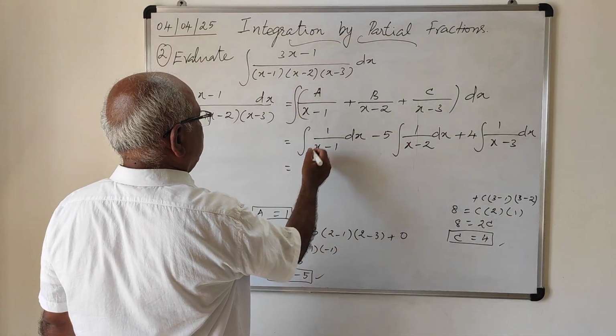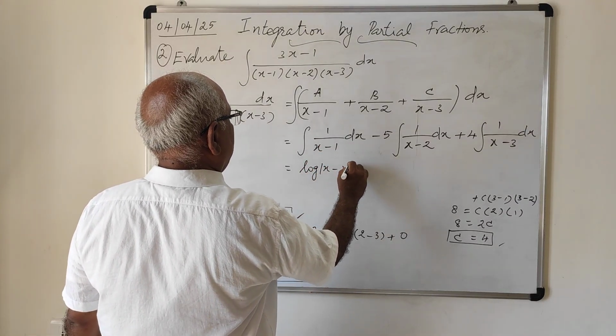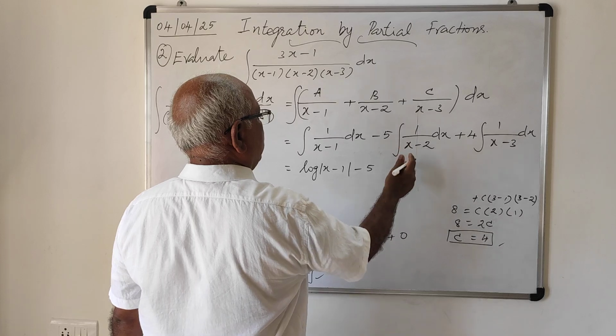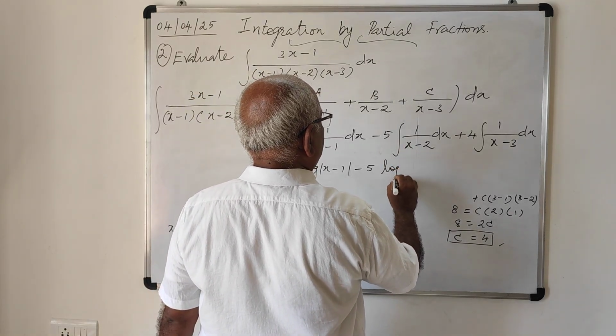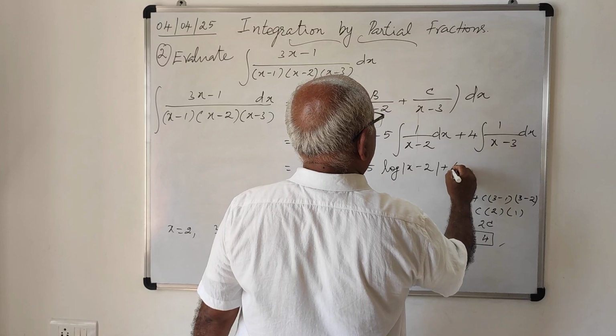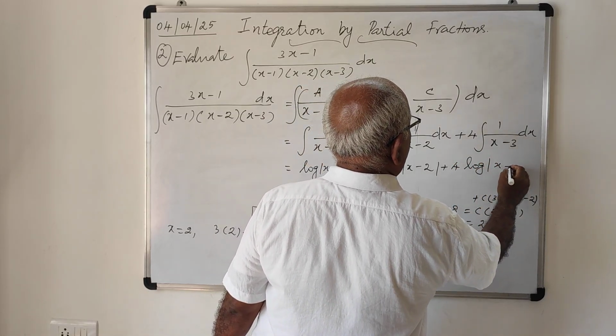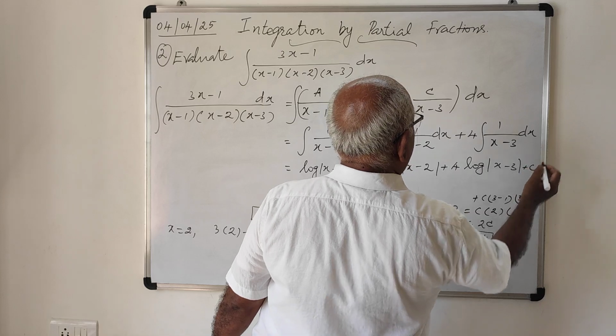Now, you know integral 1 by x is log x. Therefore, this is log of x minus 1, minus 5 into log of x minus 2, plus 4 times log of x minus 3, plus c.